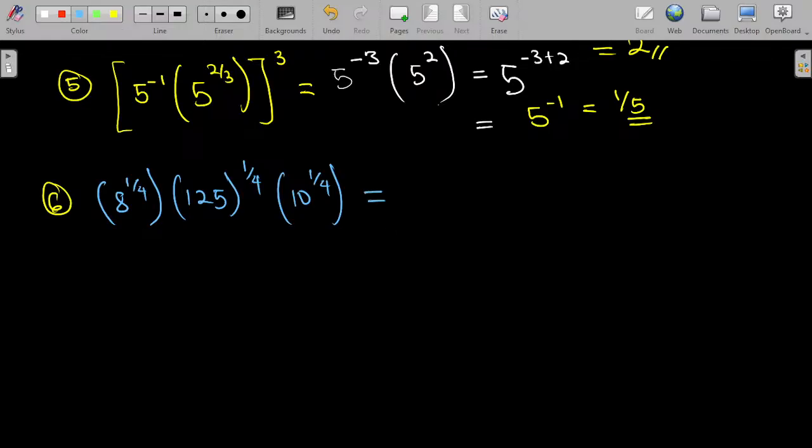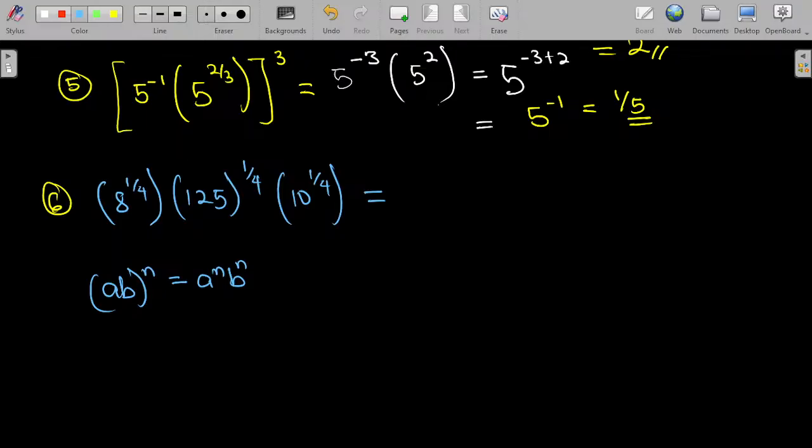Remember, I call this distributivity of power, where you have a times b raised to the power of n is the same thing as a to the power n times b to the power n. So I can actually open this bracket and the power will come on the two of them, even if there are 3 or 4 or 5.